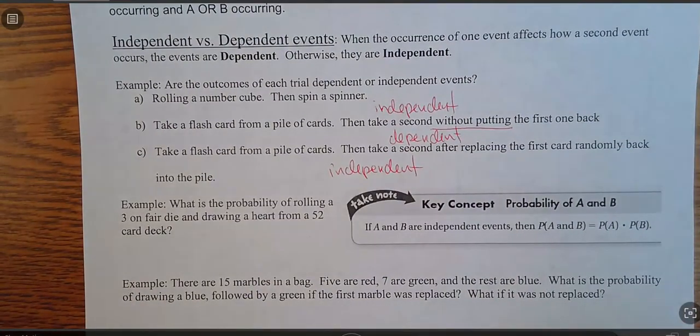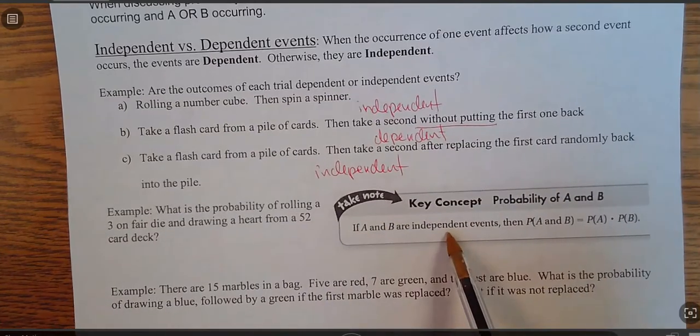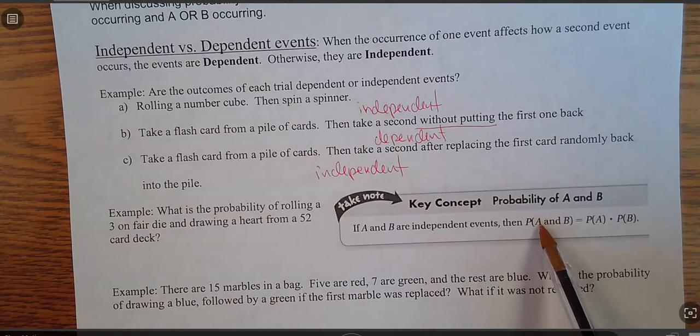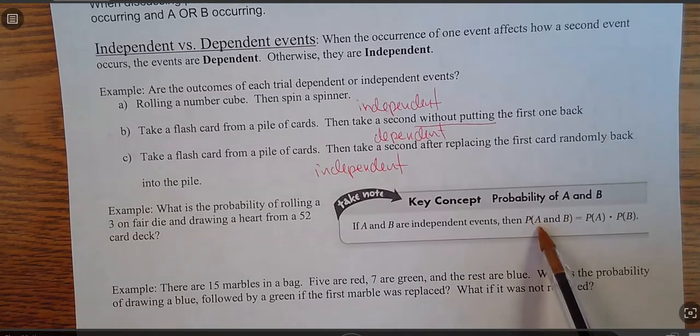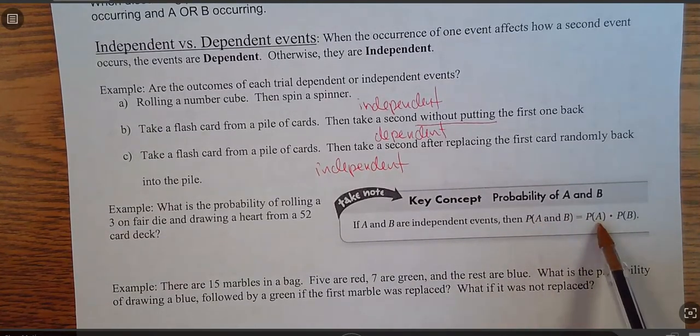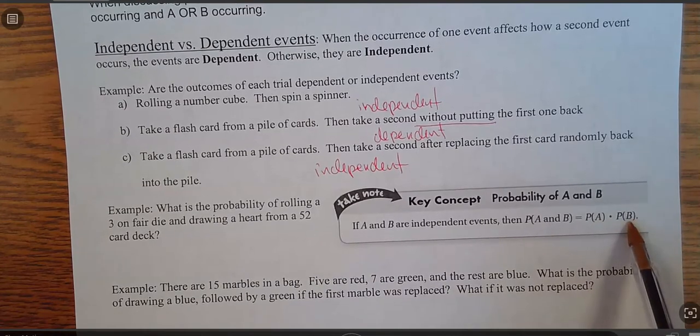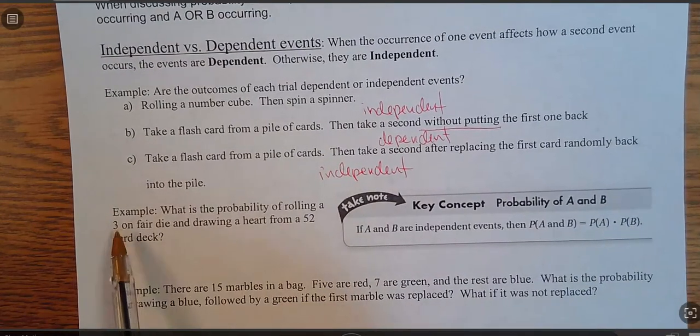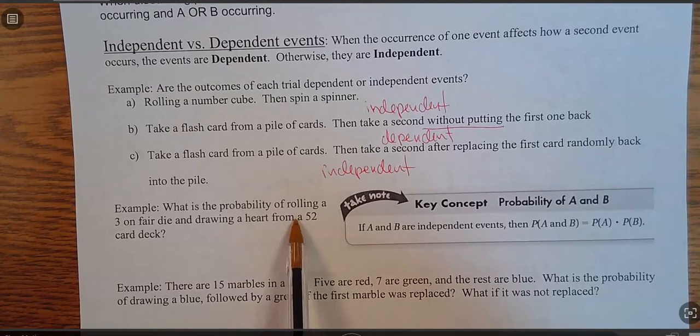What is the probability of rolling a 3 on a fair die, which is a number cube, and drawing a heart from a 52 card deck? First off, if they're independent, then I can use this: the probability of A and B occurring together is the probability of A times the probability of B. Does rolling a 3 on the die affect which card I draw out of the deck?